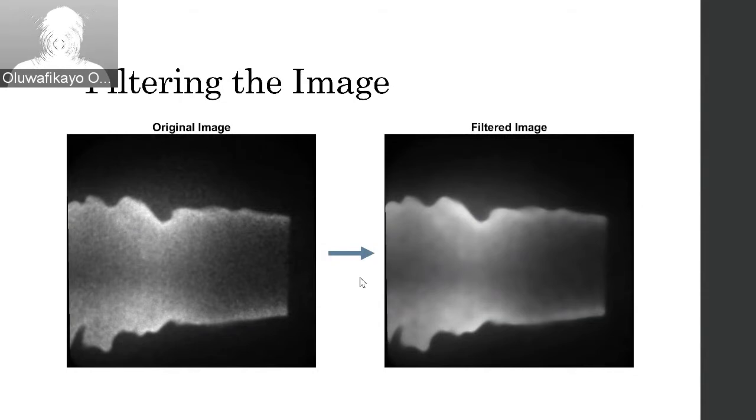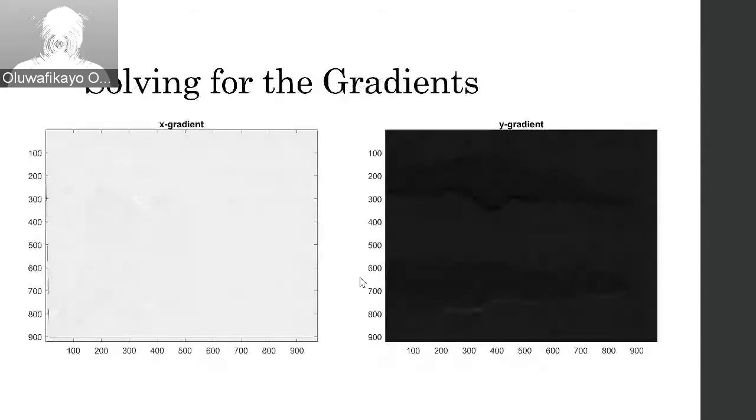So filtering the image, since we want only the outer contours, helps blur the inside of the flame so that the outer contours are the most obvious edges. And then we solved for the gradients. So these images you can't really see very well, but there's kind of an outline of the gradients of the flame in both the X and the Y direction.